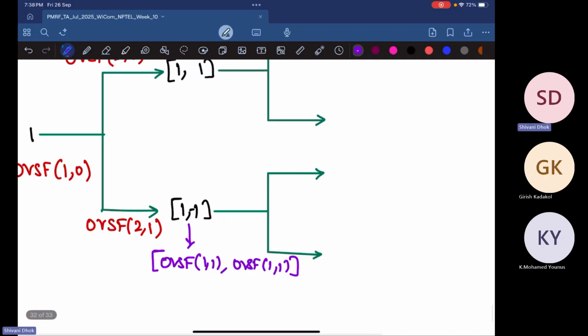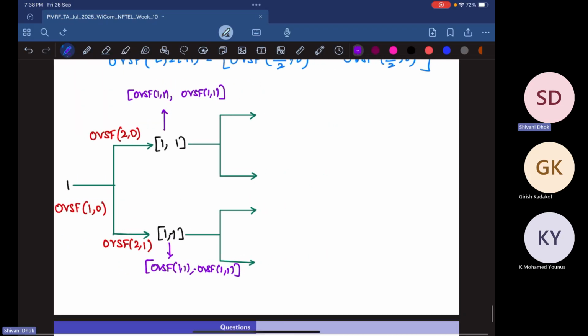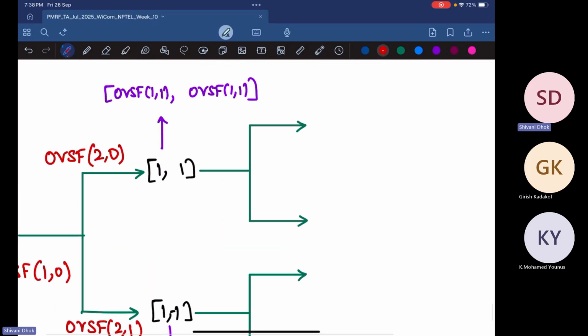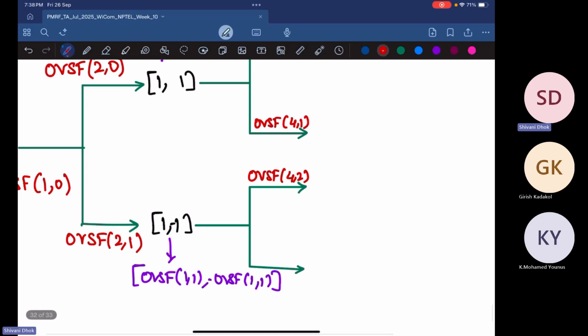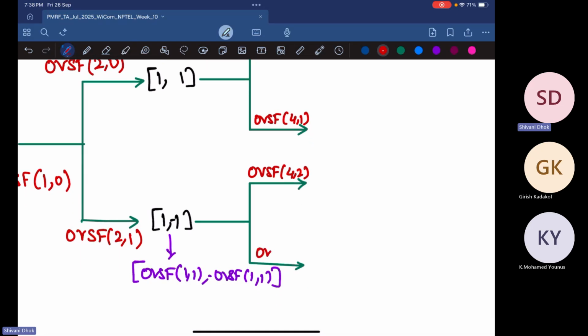Indexing always starts with 0 in our case. Then here we'll have OVSF 4 comma 0, OVSF 4 comma 1, then OVSF 4 comma 2 and OVSF 4 comma 3.